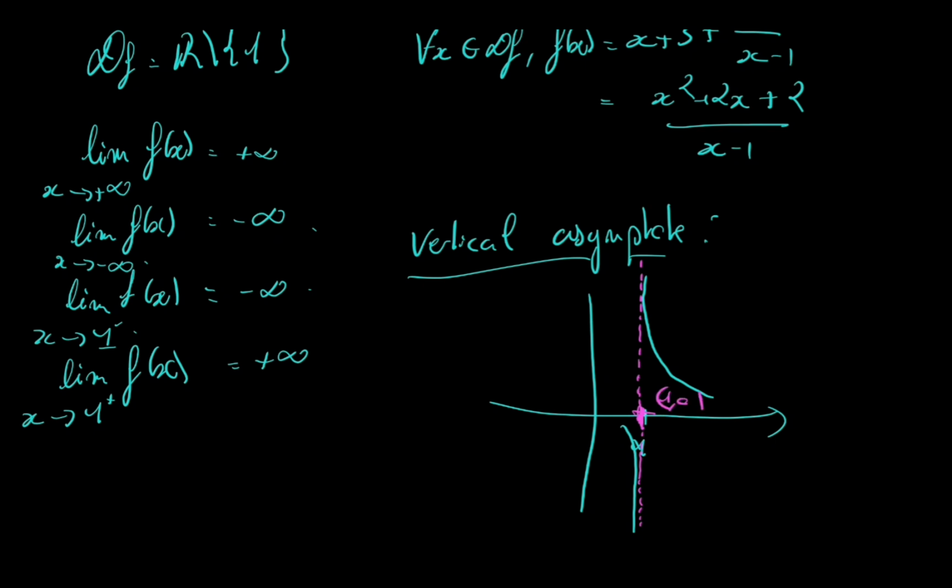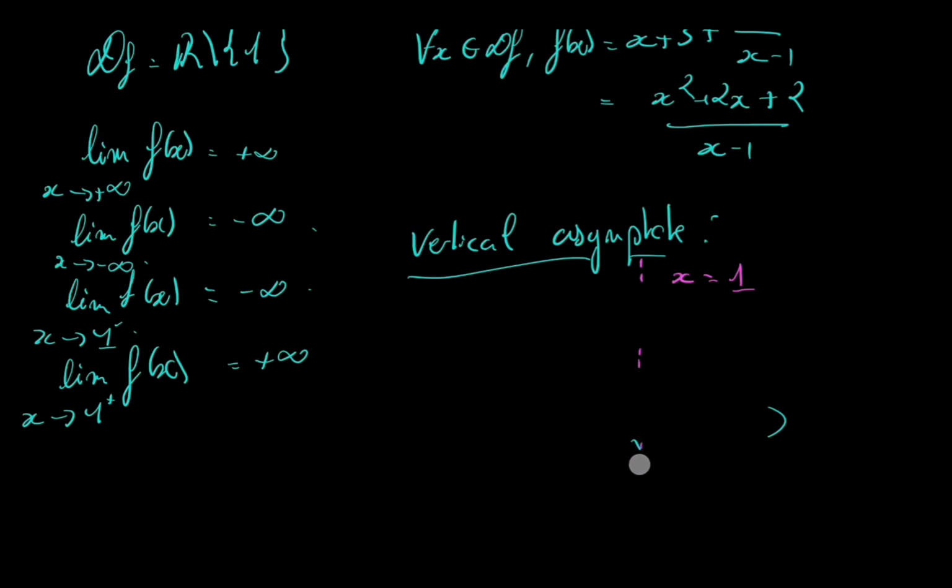and this line has an equation of x is equal to 1, because on all these points, x, which we can read here, is equal to 1.